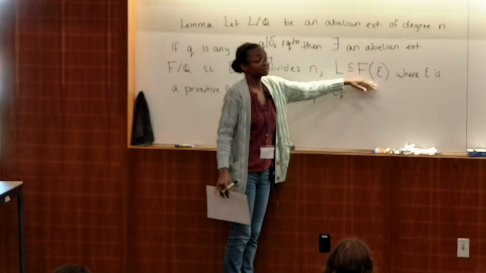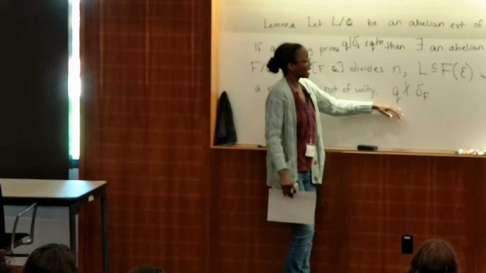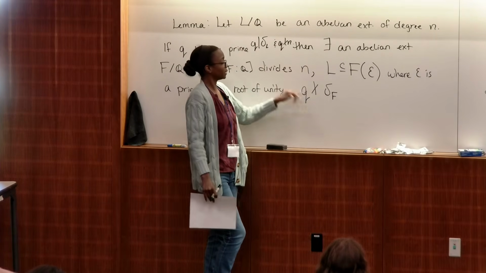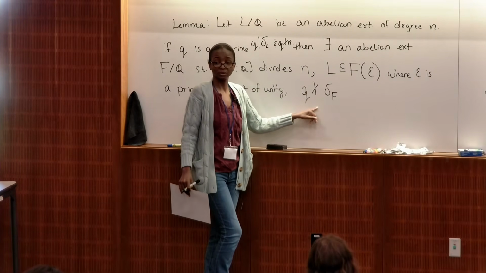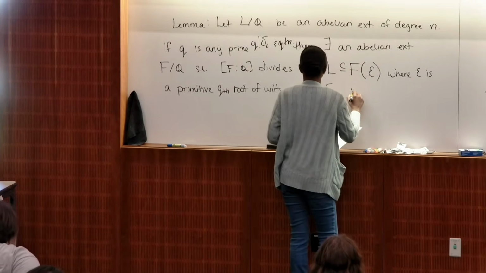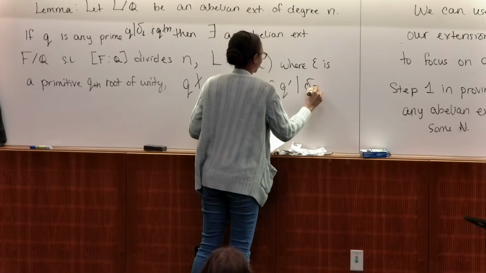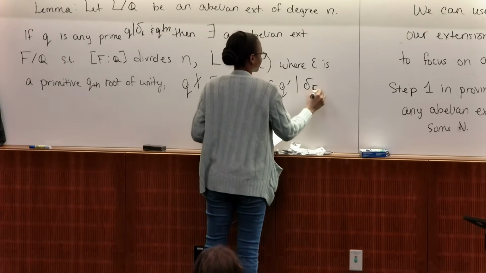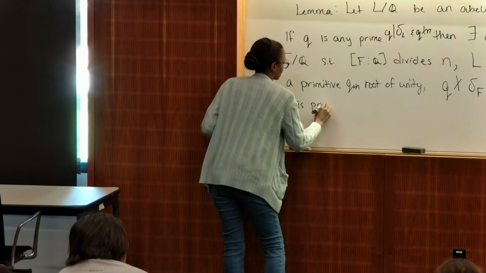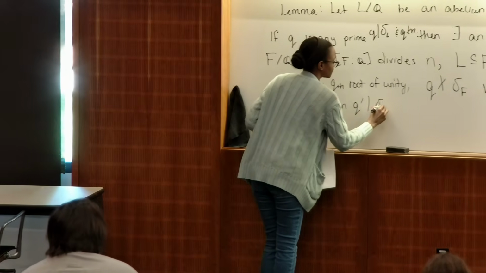L is contained in this cyclotomic extension of F. And I have gotten rid of this extra factor from the discriminant of L. So the discriminant of F no longer includes this factor of Q, but if Q prime is any other prime that does divide the discriminant of F, it also divides the discriminant of L.